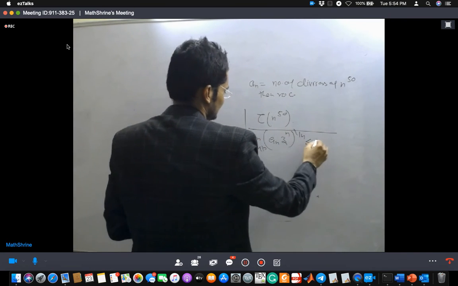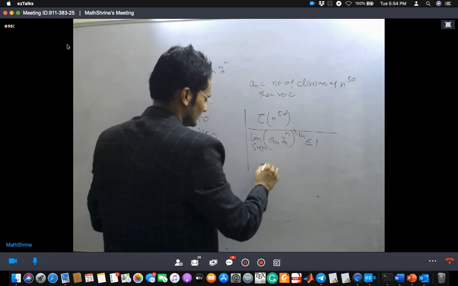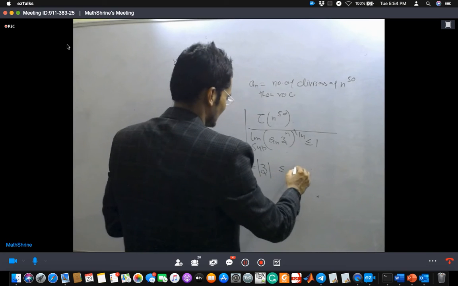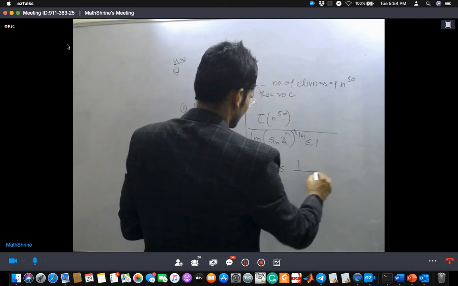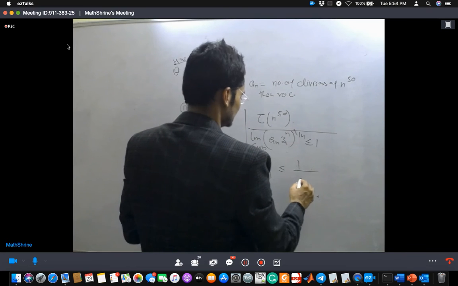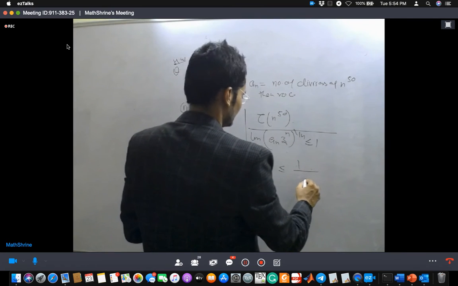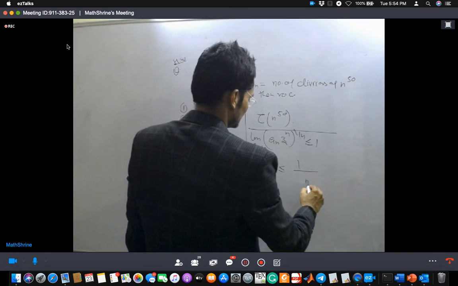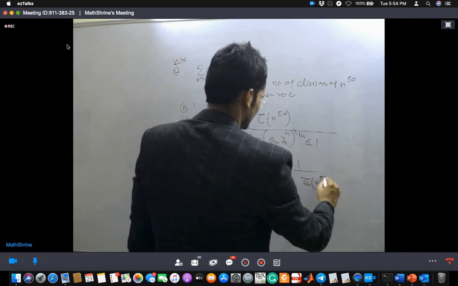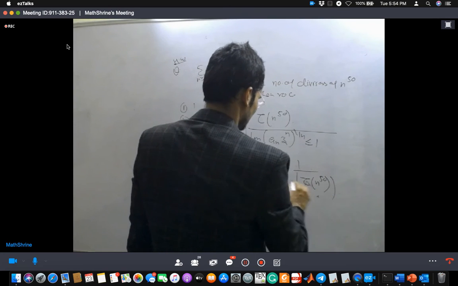So simply our z, the radius of convergence, is 1 upon a_n, which is the number of divisors of n^50. So tau of n^50. So we are taking the limit supremum, right?